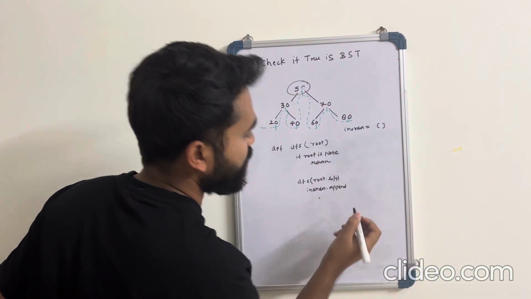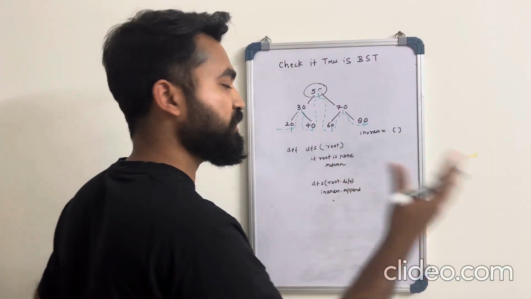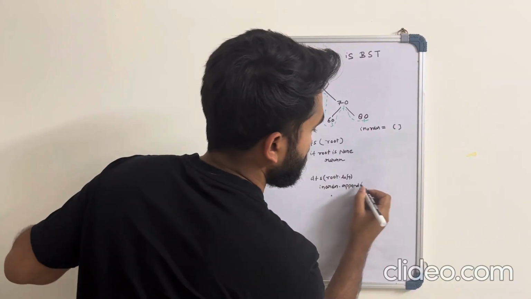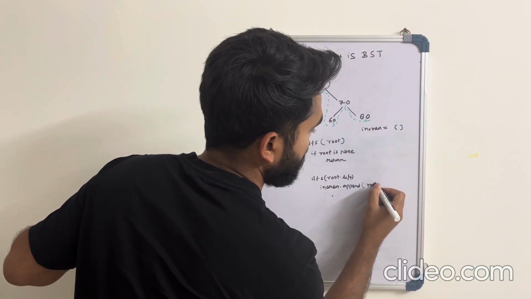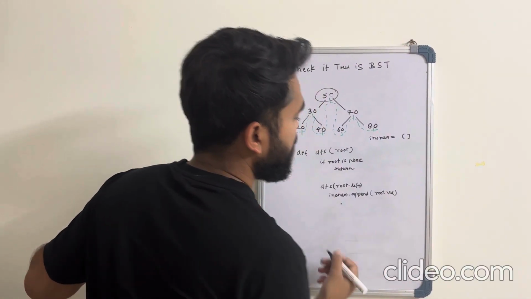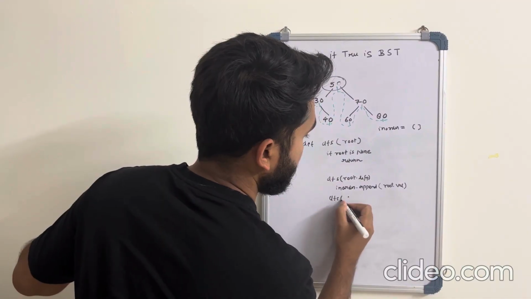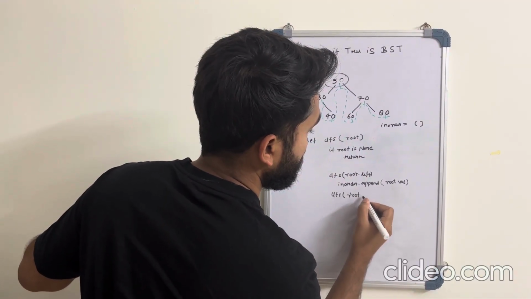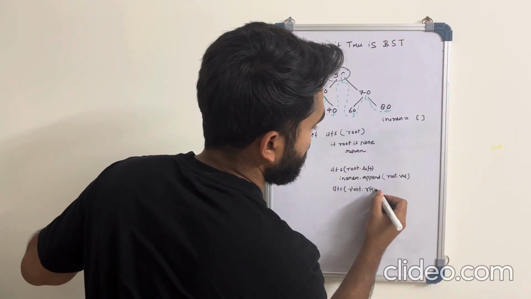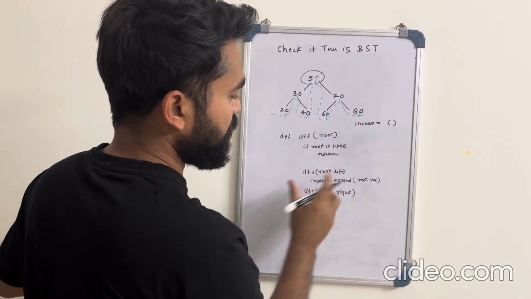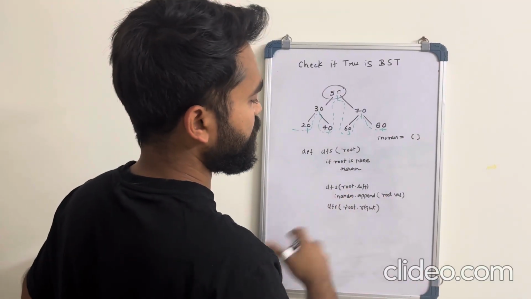I am doing this in Python, but you can do the same in any language. Add root dot value, and then we go to the right: DFS root dot right. So we went to the left, then added the current element, and then went to the right.